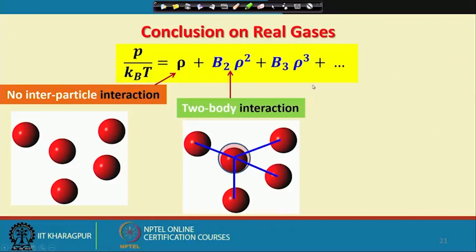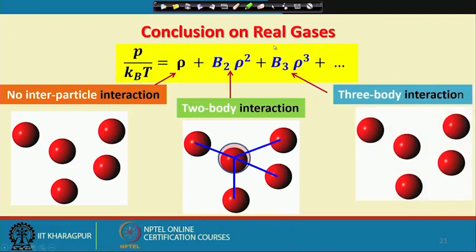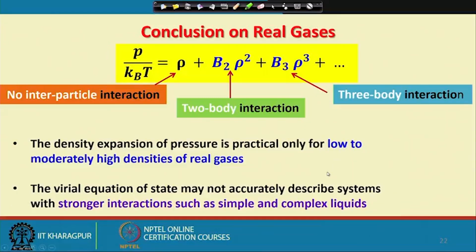Although I have not shown to you, it can be shown that the B3, that is the third virial coefficient, is related to three body interactions, where the interaction of this particle with its neighbors or the other particles in the system is computed in terms of three particles taken together, and all such triplet interactions taken together will give you an interesting contribution to the overall energy of interaction.